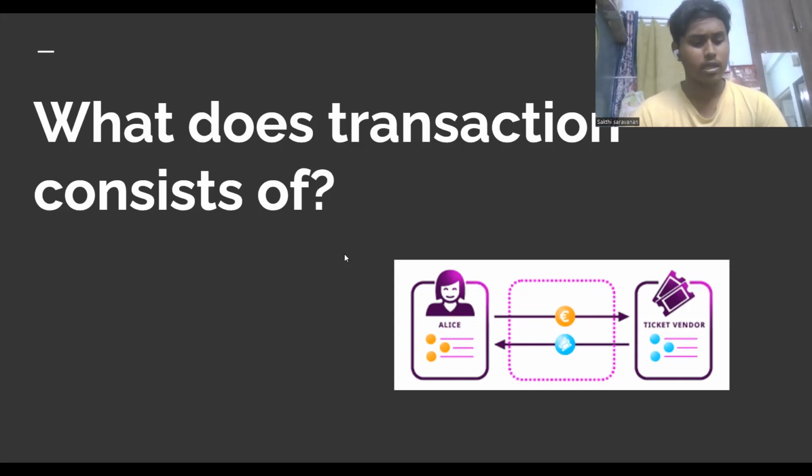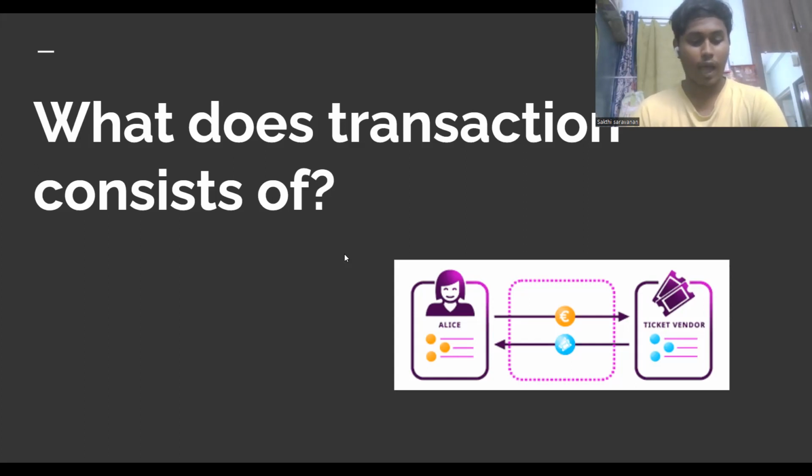To understand the structure of a transaction in blockchain, we need to understand the concept of input, output, and transaction fee. For example, Alice wants to watch a movie, and she sends 1 Bitcoin to a movie vendor.